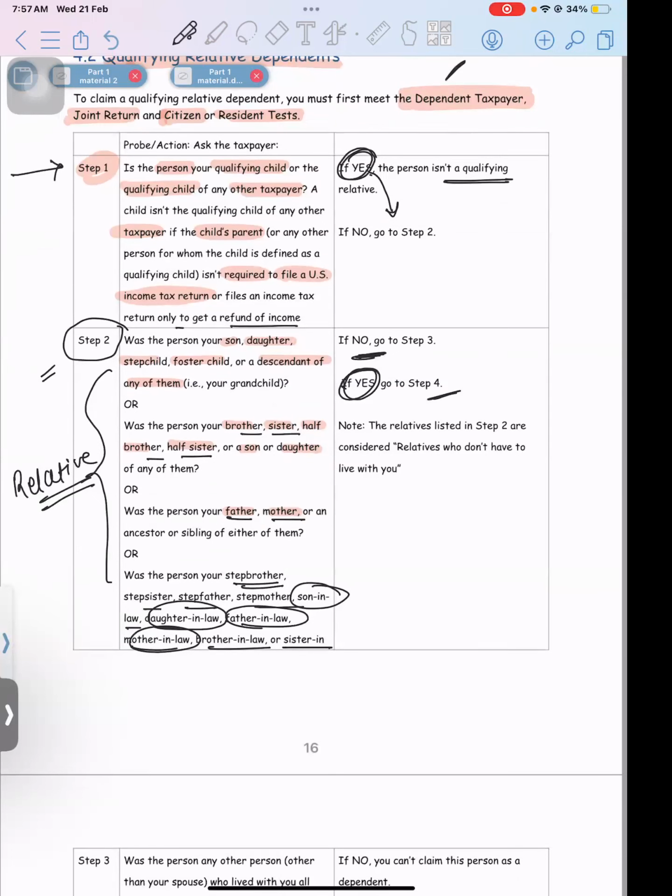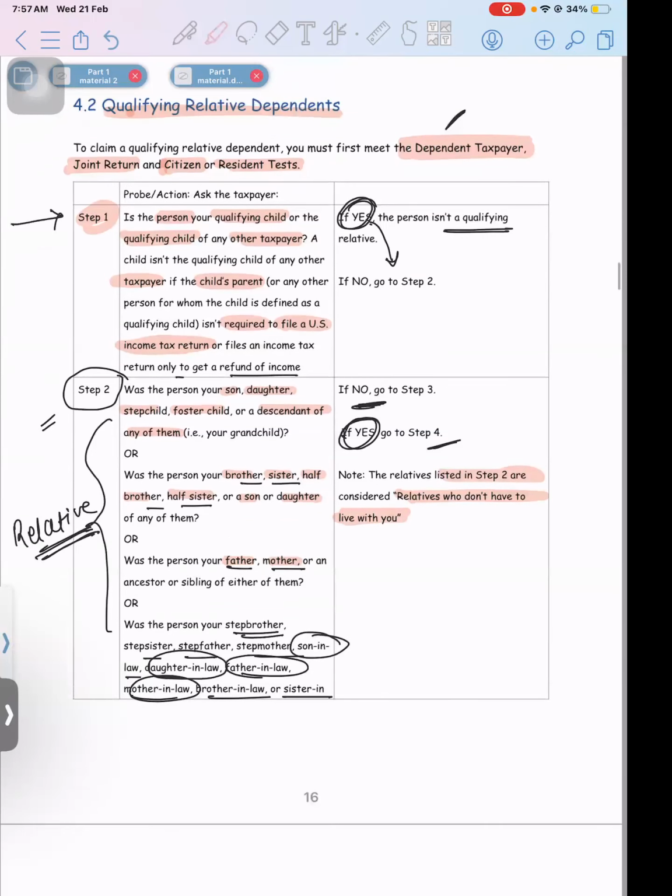Okay, let's see what step 3 is. This is just the definition of relative. Whatever relatives are listed in step 2 are considered relatives who don't live with you, because in the first step you have seen that the person is not fulfilling the qualifying child status. One of the reasons will be residency or maybe age.